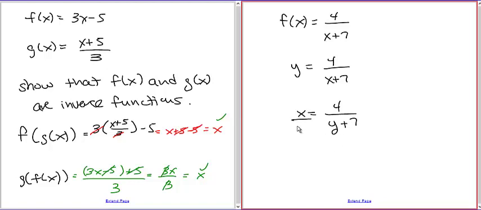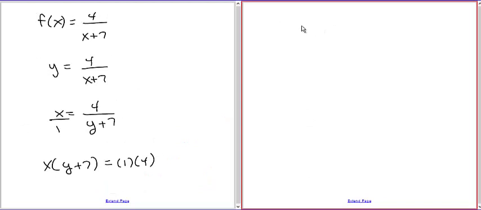Now here, you're going to make this into a ratio, x over 1, which is x. Then you can cross multiply. So you'd have x times y plus 7 is equal to 1 times 4. And if you multiply that out, you get x times y plus 7 times x is equal to 4.